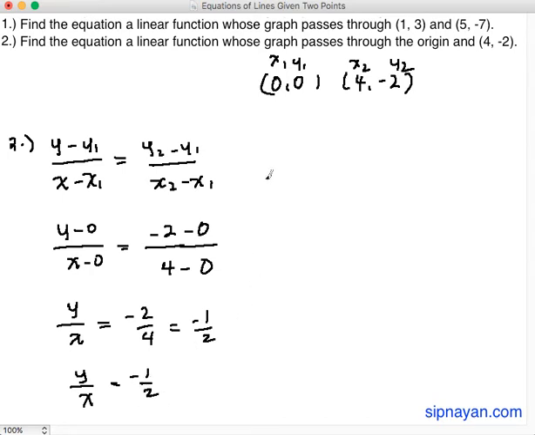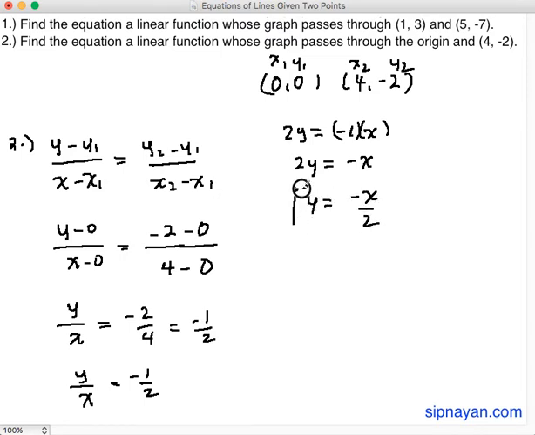So, i-cross multiply natin, magiging 2y equals negative 1 times x, or 2y equals negative x, and y equals negative x over 2.